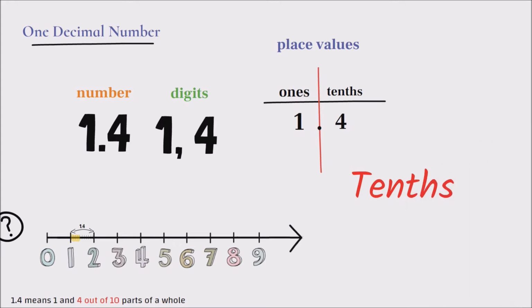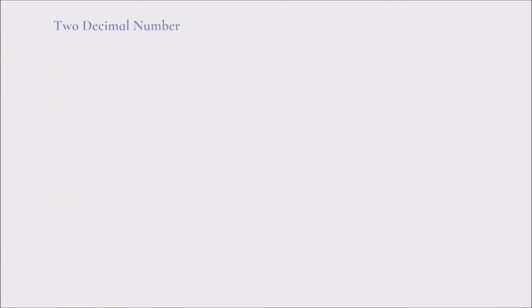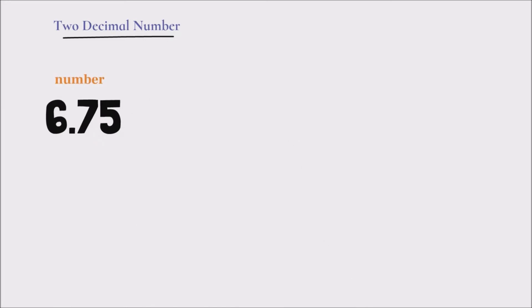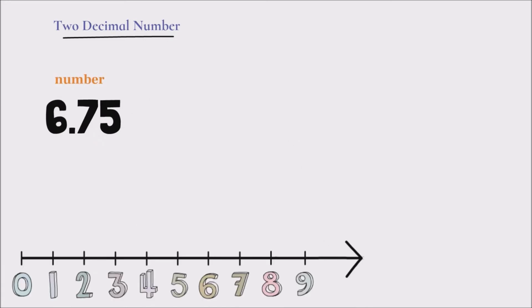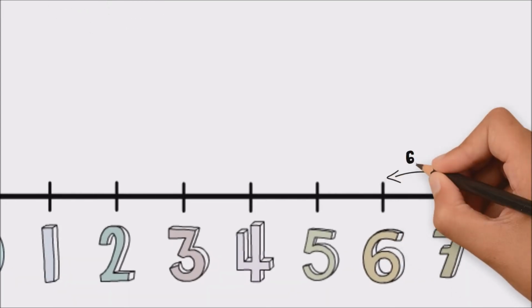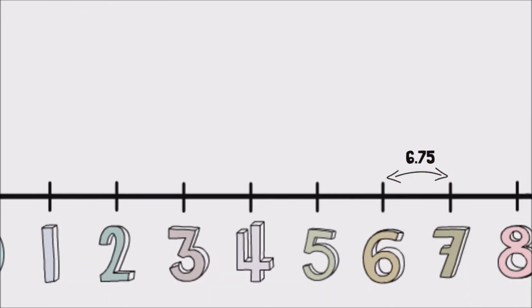place value of tenths. Now let's look at another decimal, say 6.75. In this case, 6.75 is located between 6 and 7 because, again, 6 represents the whole number portion of the number.